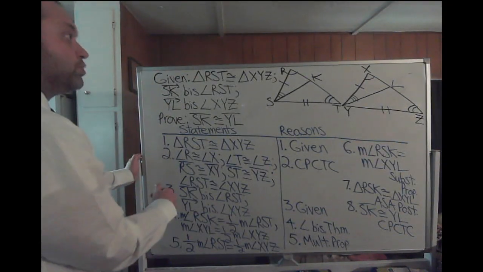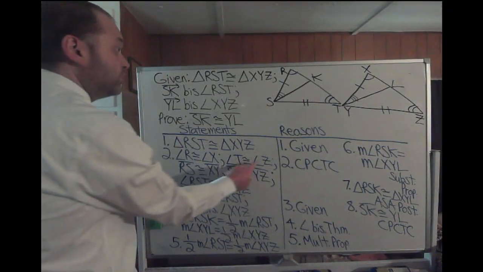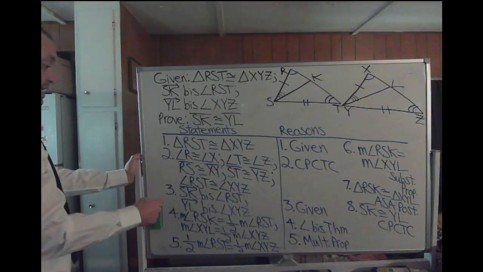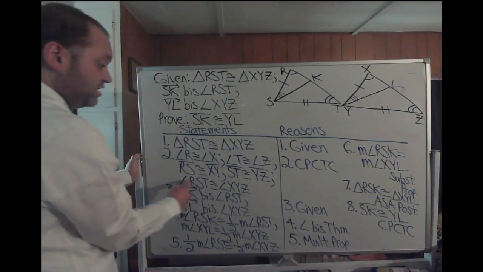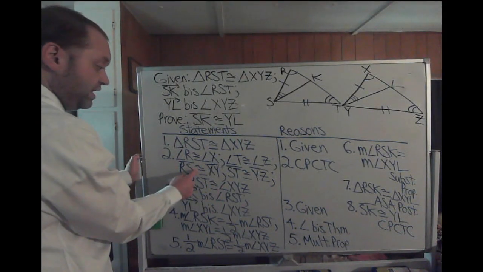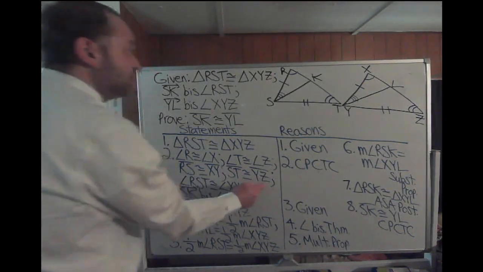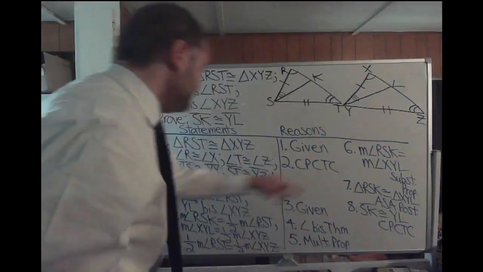We were able to conclude that angle R is congruent to angle X, angle T is congruent to angle Z, angle RST is congruent to angle XYZ, side RS is congruent to side XY, and side ST is congruent to side YZ, all by CPCTC.